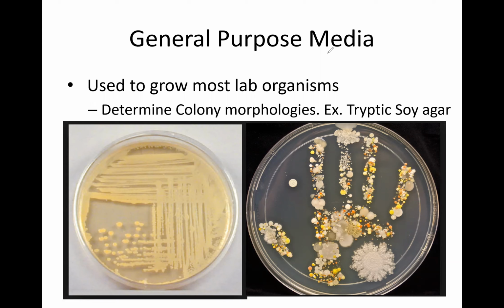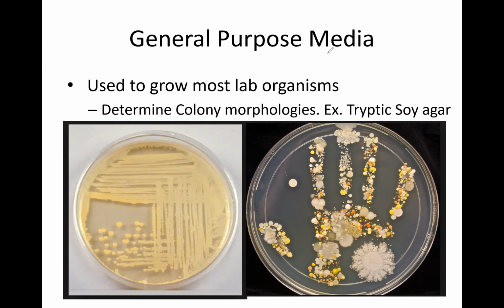Some may even be elevated, and this allows us to not only see them from a macroscopic view to be able to determine color, it also will allow us to do some key identification when it comes to the microorganism itself. And then we see this picture over with the handprint, and you can see all the different types of organisms that are growing on this plate.